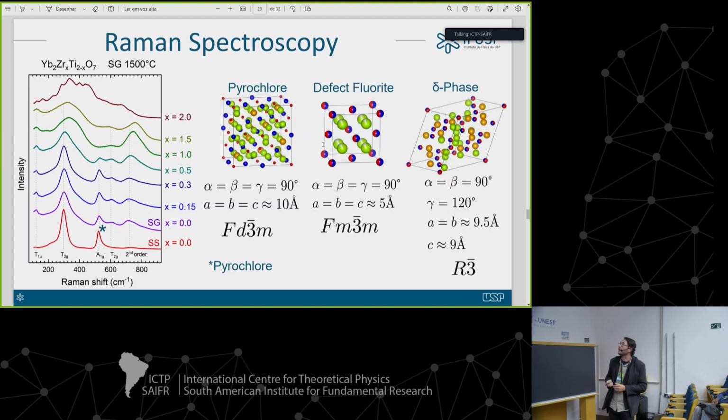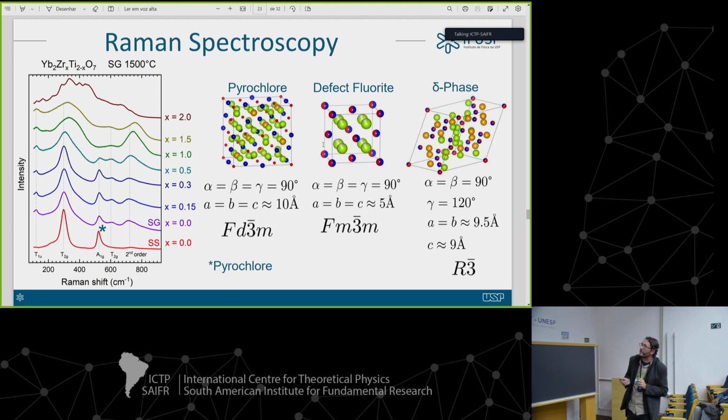This is better investigated by Raman spectroscopy. I'm showing here the Raman spectroscopy at room temperature for all the compositions. You can see there are several peaks associated with the active Raman modes of vibration, and this one is a particular one associated with the pyrochlore structure, the A1g.